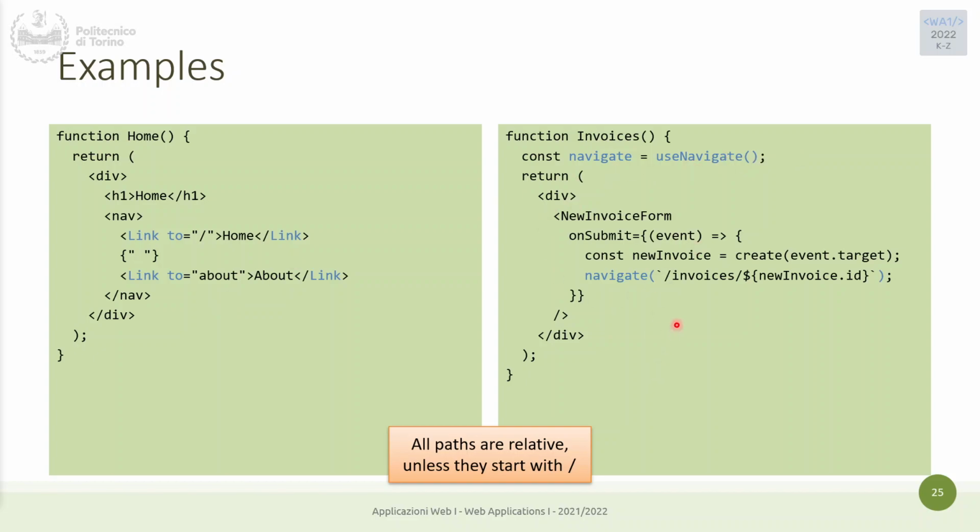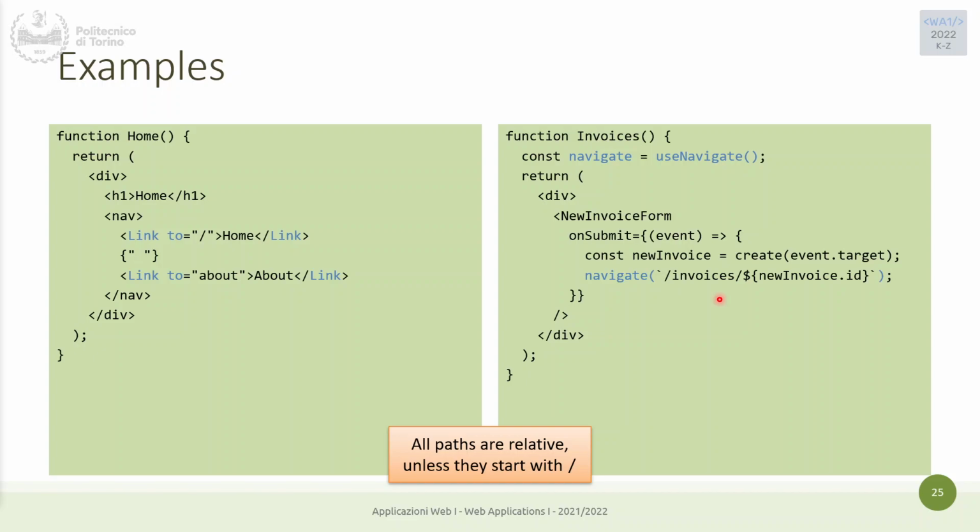Here we have the example that I anticipated before. We would like to create a function to manage an invoice, and we want this component to manage the insertion of a new invoice. When the invoice form is filled, we would like the onSubmit method to navigate to this link, which is invoice/${newinvoice.id}.